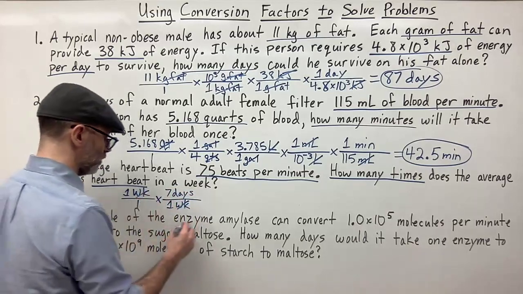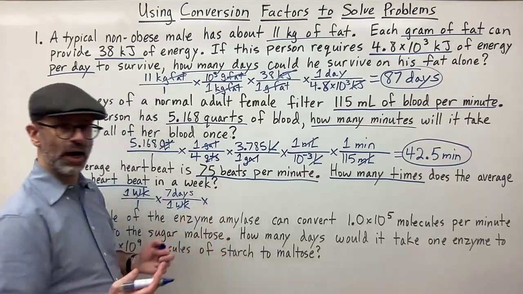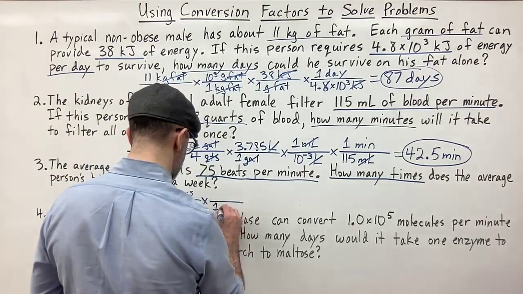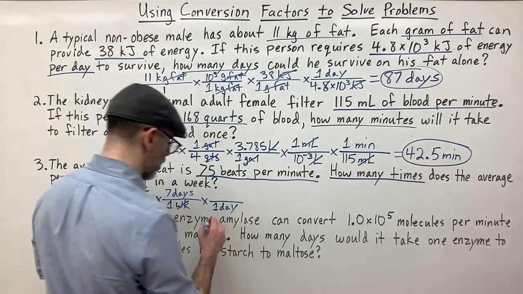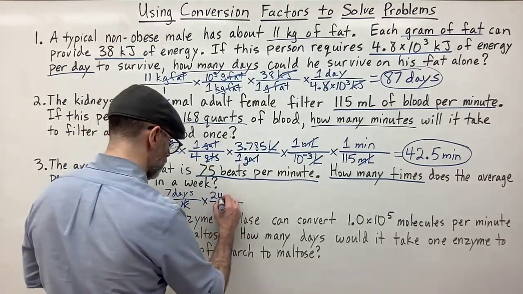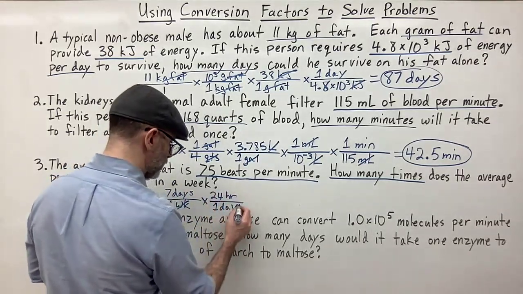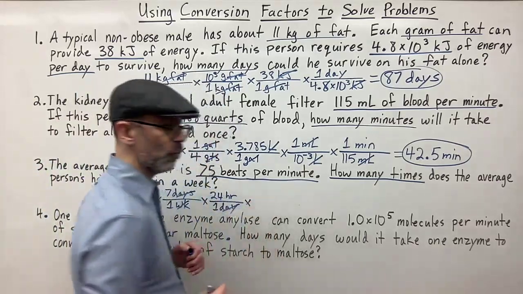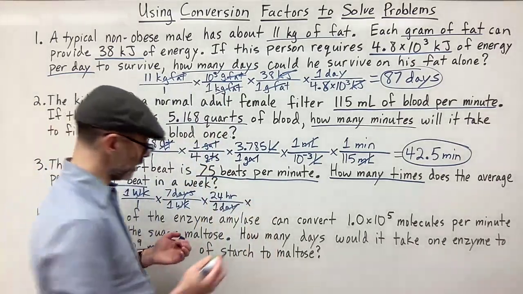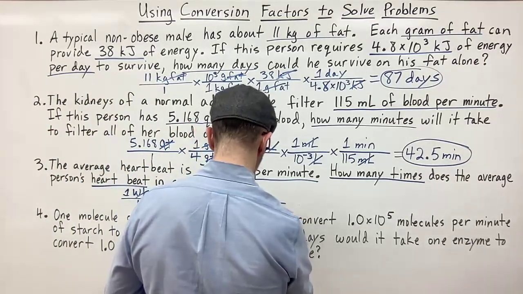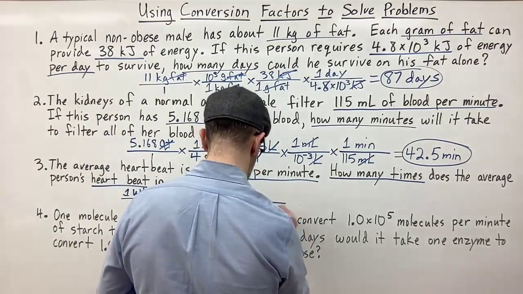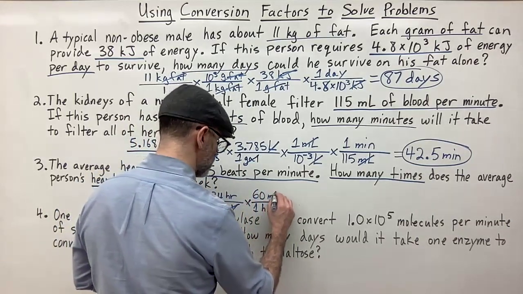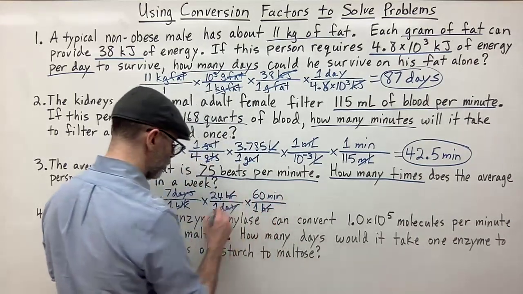Weeks cancel out. I know that there are 24 hours in a day, so I'm going to put 1 day on the bottom, 24 hours on top. So days cancel out. Next, I know that 1 hour is equal to 60 minutes, so I'm going to put 1 hour on the bottom, 60 minutes on top. So hours cancel out.